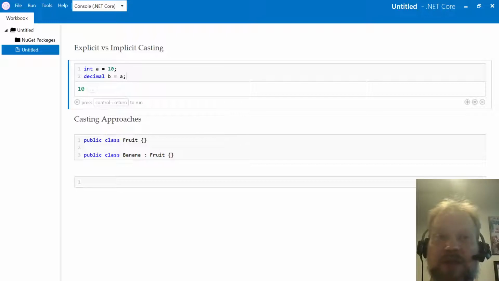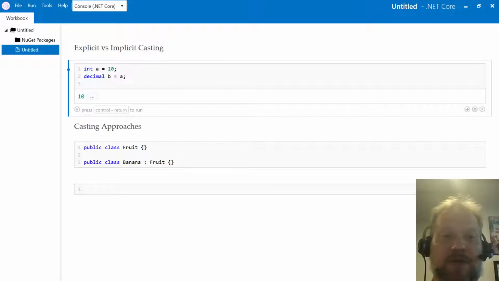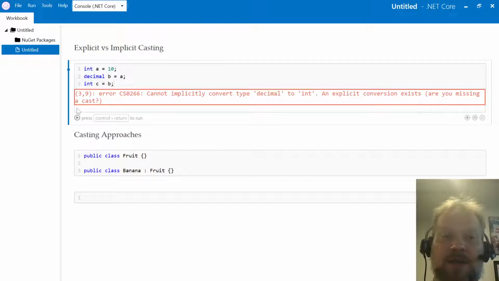So this is what we call an implicit cast, because the compiler just says, oh yeah, I can do that, that's not a problem. Any cast that you can do without explicitly stating that you're casting a variable is an implicit cast. Now if I were to flip that and create an int c and set it equal to b, well, b is now a decimal, and if I try to put it into c, it's going to tell us we cannot implicitly convert type.